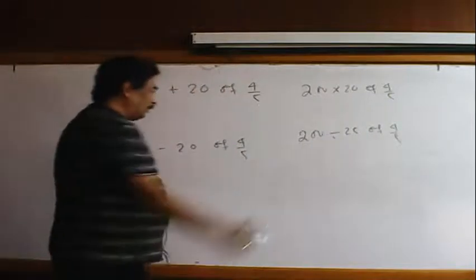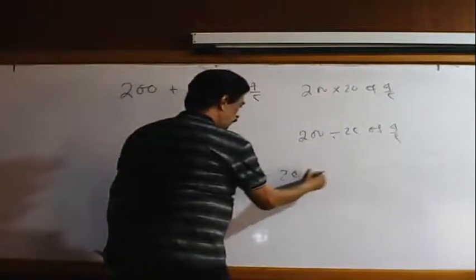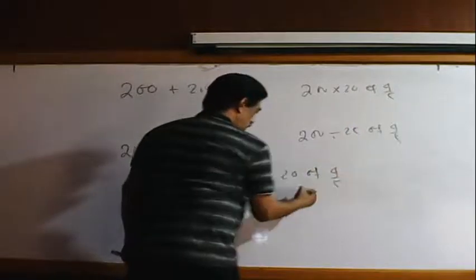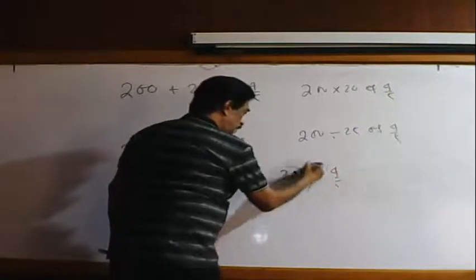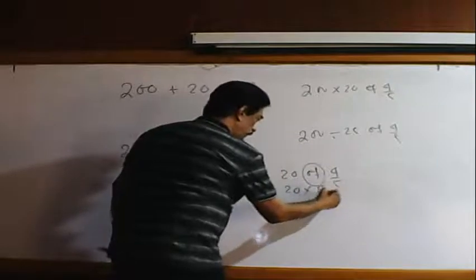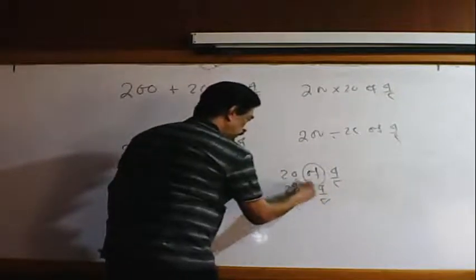We know from our childhood 20 of 4 by 5. We can write 'into' instead of 'of', so 20 into 4 by 5. 5 4s are 20, 4 4s are 16, your answer is 16.